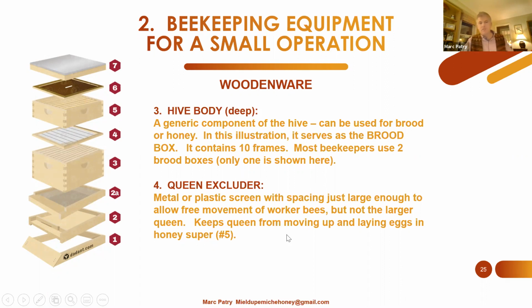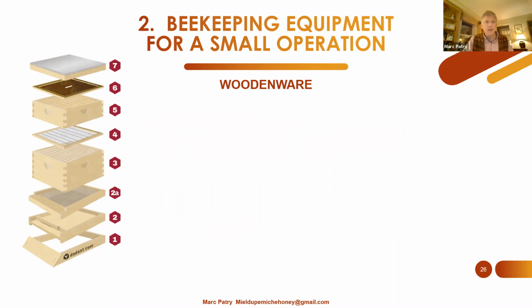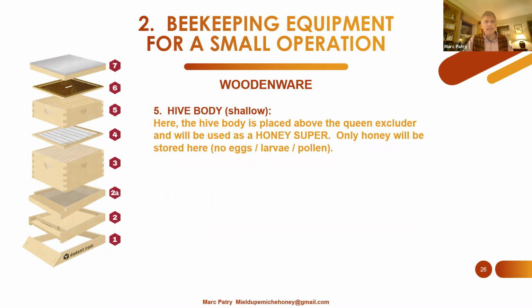The queen excluder comes in different styles. Could be plastic, could be metal. I've got metal ones. Then number 5 is a hive body. You can just call them a box, right? This is a honey box or a brood box. These are placed above the queen excluder, and this is where the honey is stored. You don't want to have eggs in there. You don't want to have larvae in there.